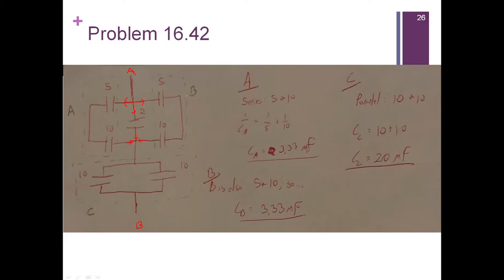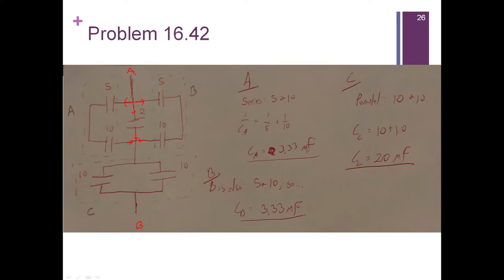Rung A is parallel to rung B, but each of those rungs has a series circuit on it. So before you can add the rungs together in parallel, you have to figure out what each rung's total series capacitance is first. I might be over-explaining. The math that I do here is, for rung A, rung A might be in parallel to other stuff, but it is itself a series circuit with a 5 and a 10 on it.